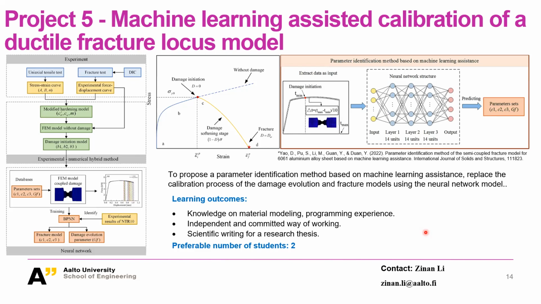You will have different data from the experimental results that we already have, and we use a machine learning model, probably a neural network model, to correlate the 5 times n data set dimensions with the 5 parameters in this model.